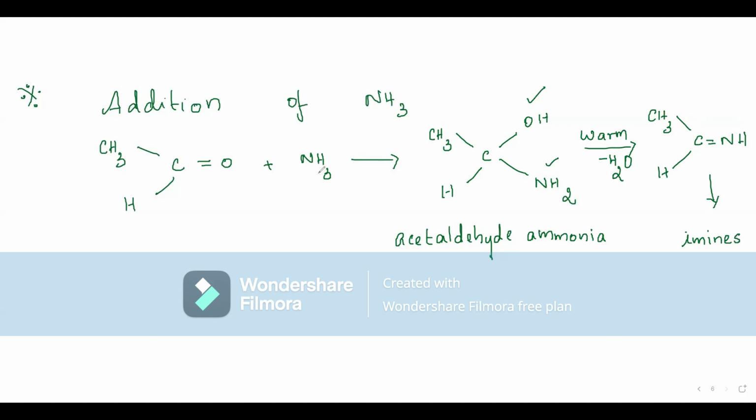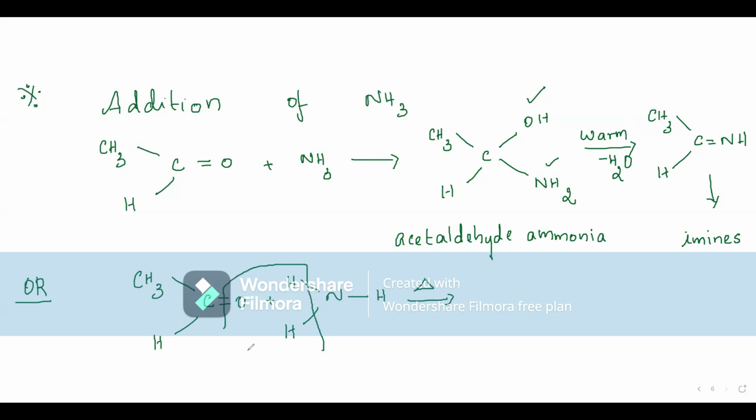Now if you feel adding NH3 and then eliminating water is difficult, you can write it in one step. CH3CH double bond O plus H-N-H with H, so ammonia, and just indicate warming here.